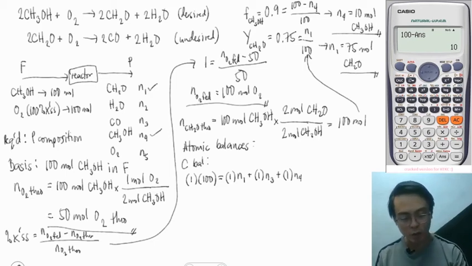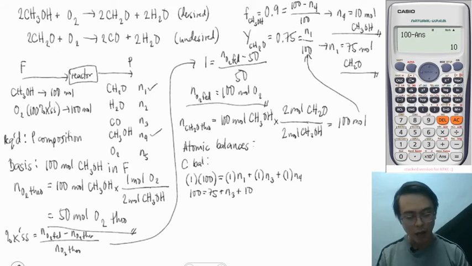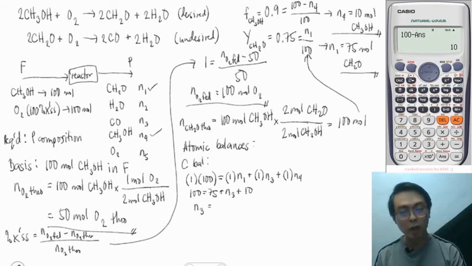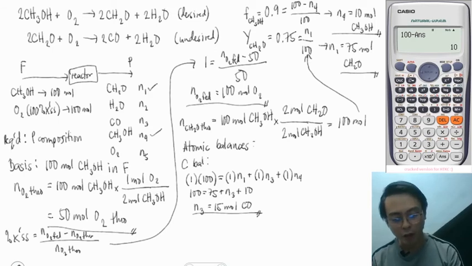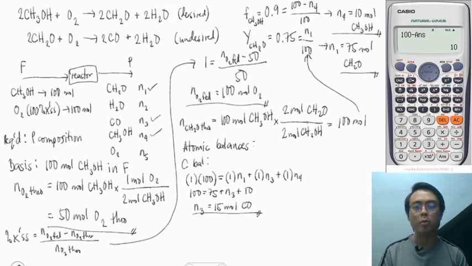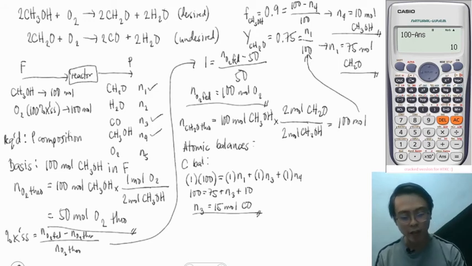Let's substitute the known values. We were able to find N1, that's 75. N3 is still unknown. N4 is 10. So we can now solve for N3 as 100 minus 75 minus 10, which is 15 moles of CO. See, we now have the value of N3 just coming from the carbon balance. So we have 2 remaining balances. Let's go for the hydrogen balance.